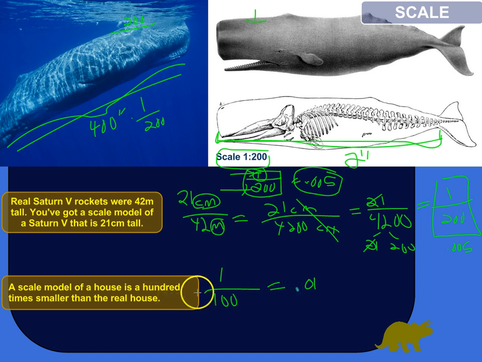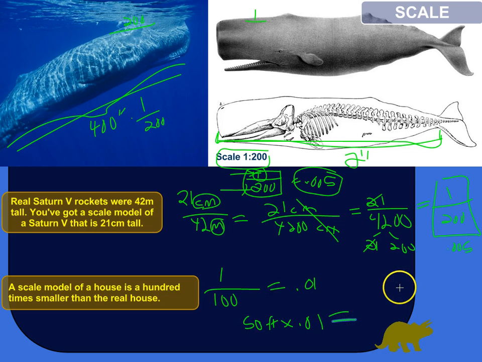So what that would mean is you could measure something on the real house, like say you've got a room that's, say you've got a big room, it's 50 feet across. In the scale model of the house, the length of that room would be 50 times 0.01, 50 times the scale factor.